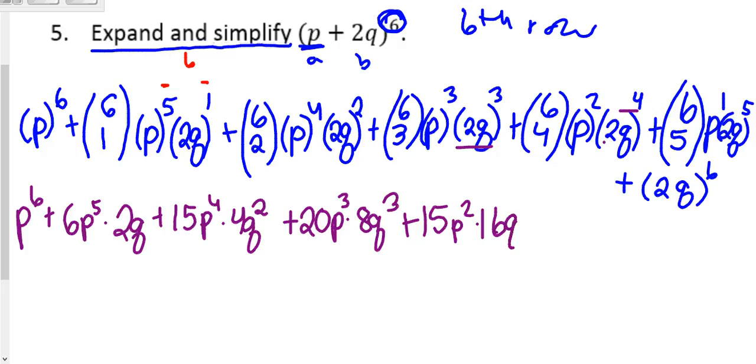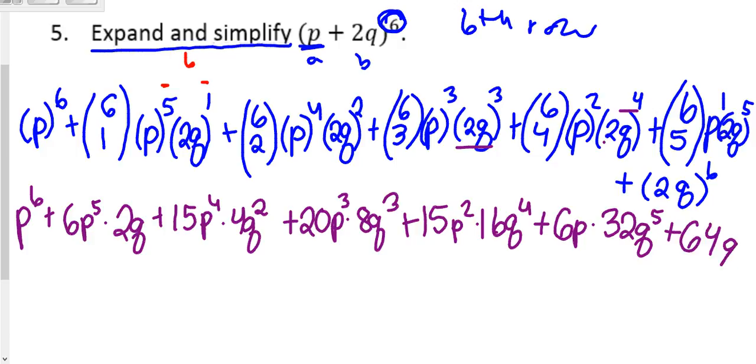We'll have q to the 4th plus 6 choose 5 is 6. We have p. 2 to the 5th is 32, so times 32 q to the 5th plus, last but not least, we have 2q all to the 6. 2 to the 6 is 64. We have q to the 6.